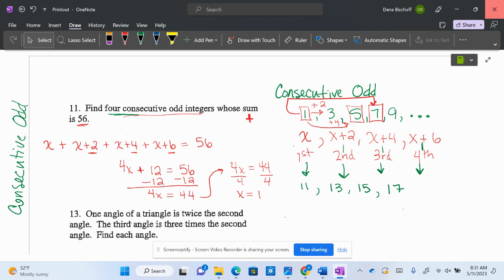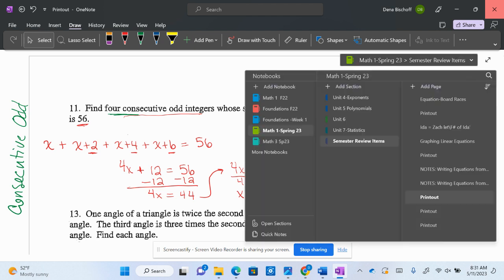Let's do number 2, 4, and 6. I think we can do 8. Do you guys feel like you can do number 8?